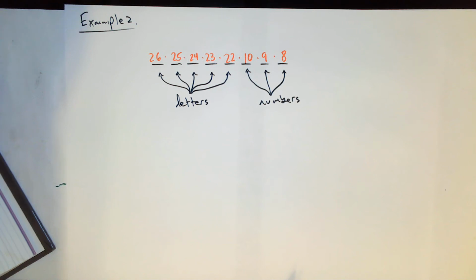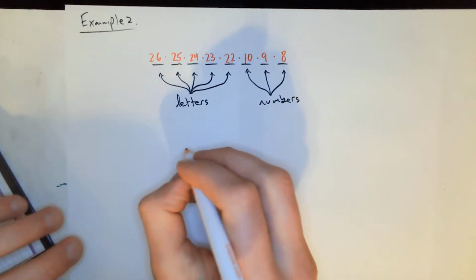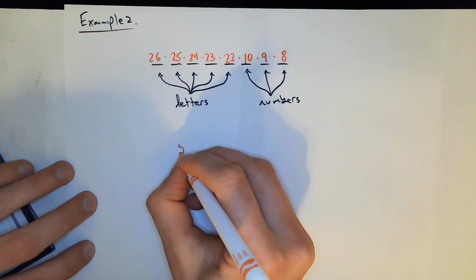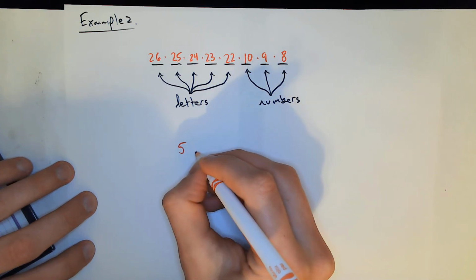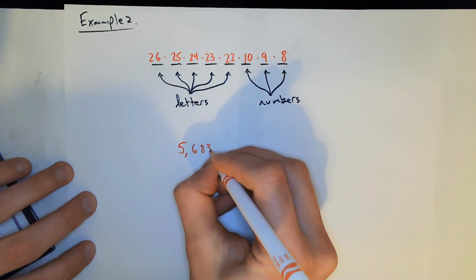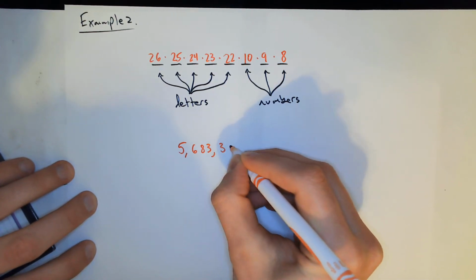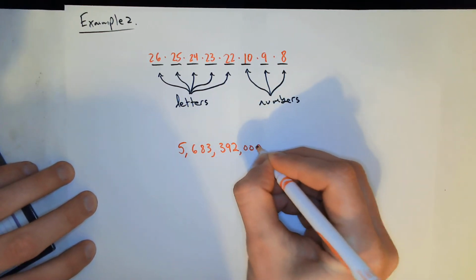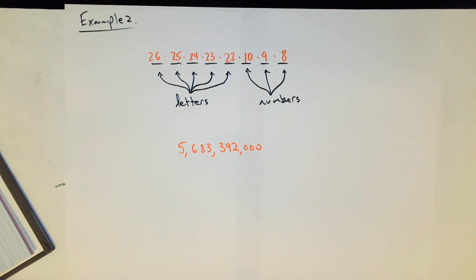Not really a nice clean way to write this, like no exponent form or anything like that. So we'll just go ahead and calculate it out, and we're getting 5,683,392,000. Good.